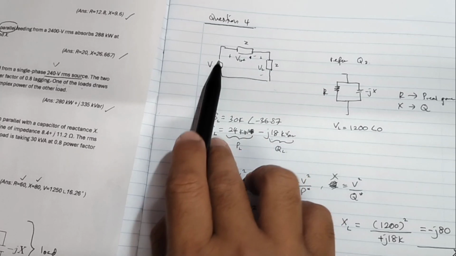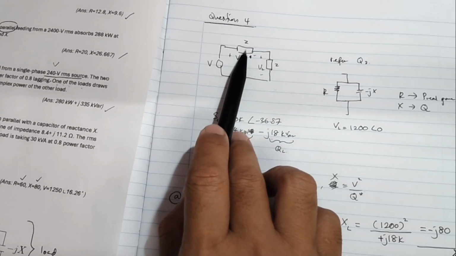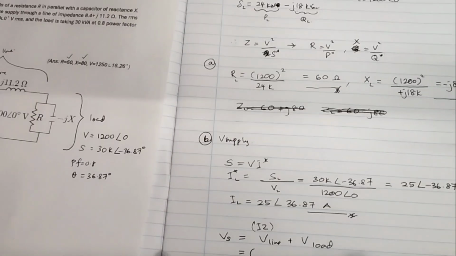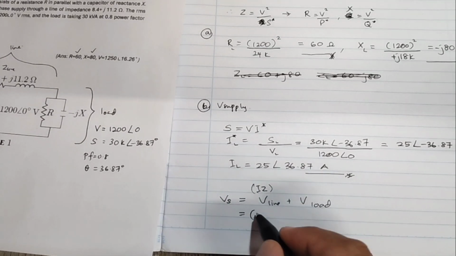Betul tak? So I load is equal to I line. So V line is equal to IZ, IZ line tu. So V line actually I line, Z line. So I berapa tadi? I line sama dengan I load.